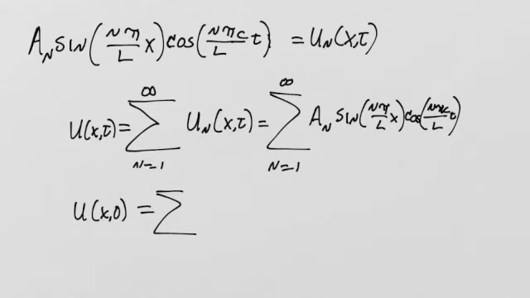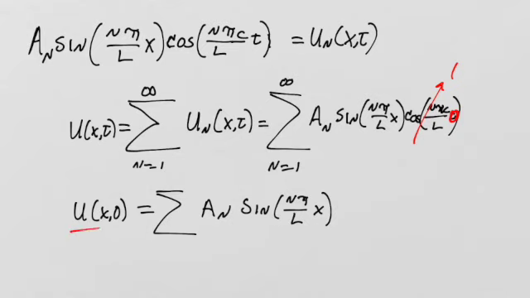So now if I write at time t equals 0, I write u(x, 0), I get the sum of a_n sine(n pi over L x), right? Because when I substitute 0, this cosine becomes 1.